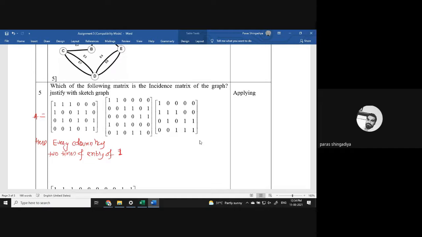So what does it mean? It is an incidence matrix. Clear? अब इसको draw करना है.